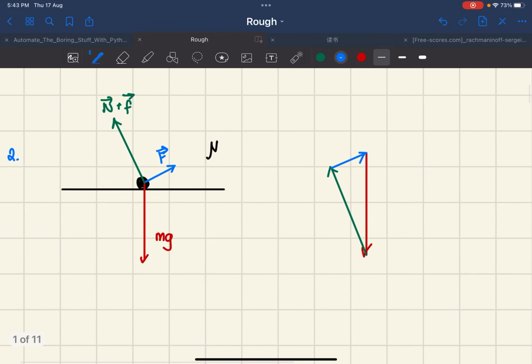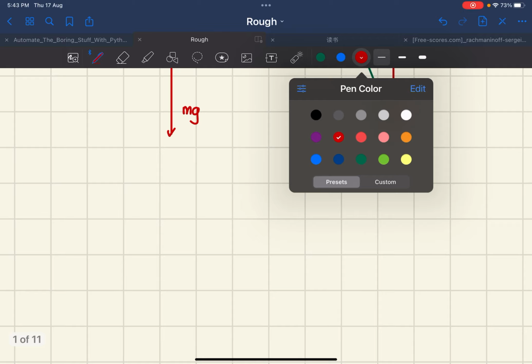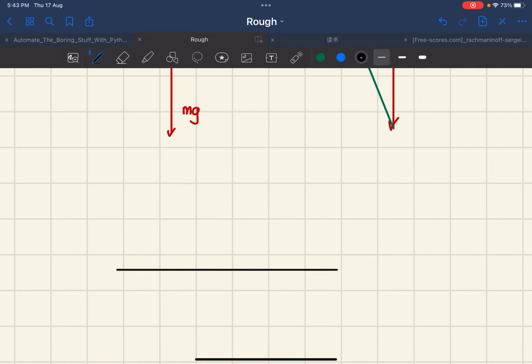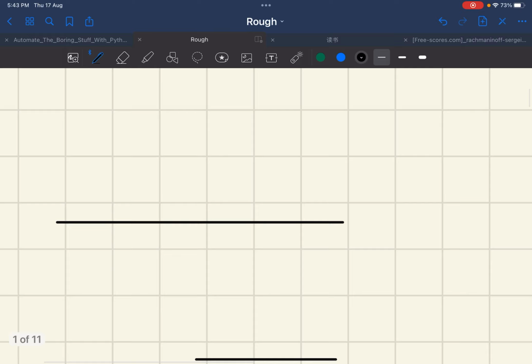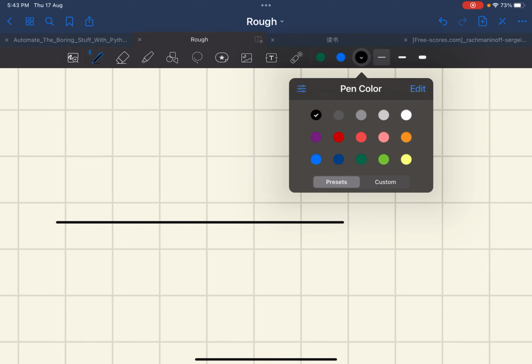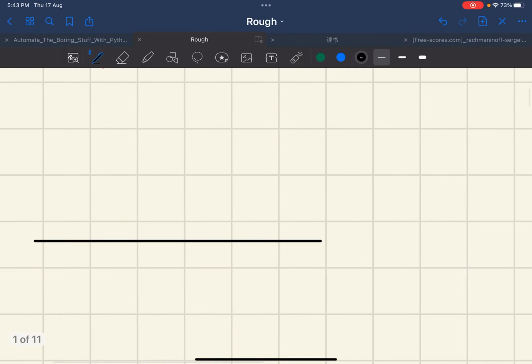Now you might say, oh, the minimum force I need to push the box should be mu n. Maybe because you say, I just push this guy sideways with mu n, and then the friction force is going to be at its maximum mu n. If I push the box a little bit harder than mu n, this box will start moving because friction is not enough to counteract.